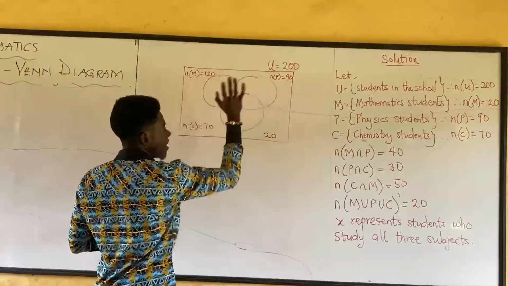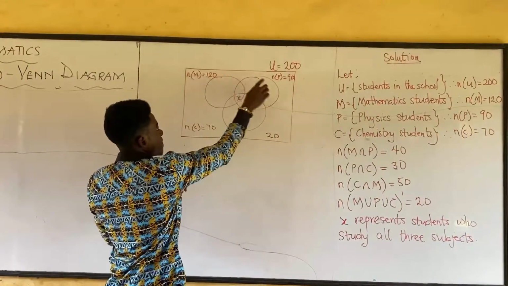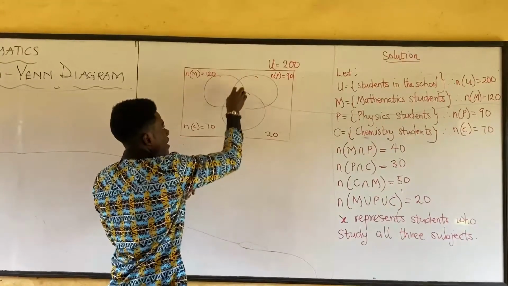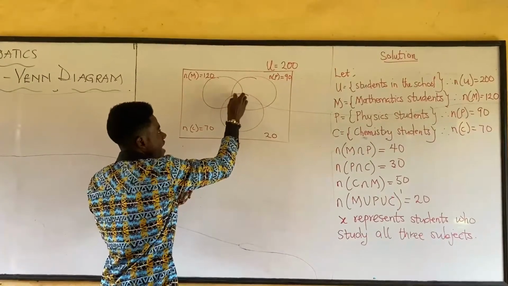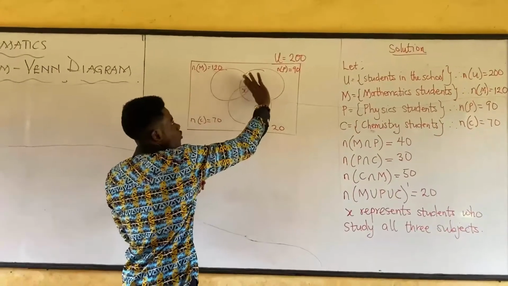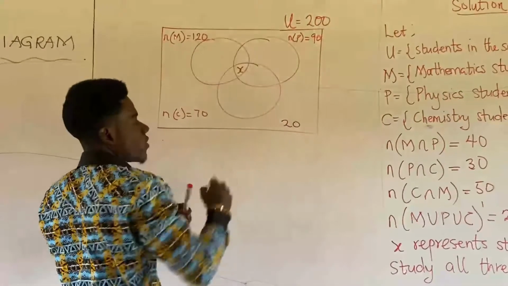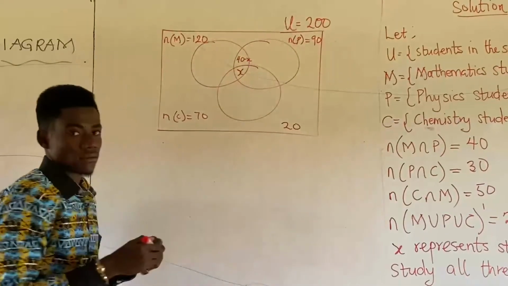We've been given that the number of students who prefer mathematics and physics are 40. But in actual sense, this is the region for mathematics and physics. So if already here is x, and the totality of this portion is 40, and we want to find only for this portion, it will be 40 minus x.